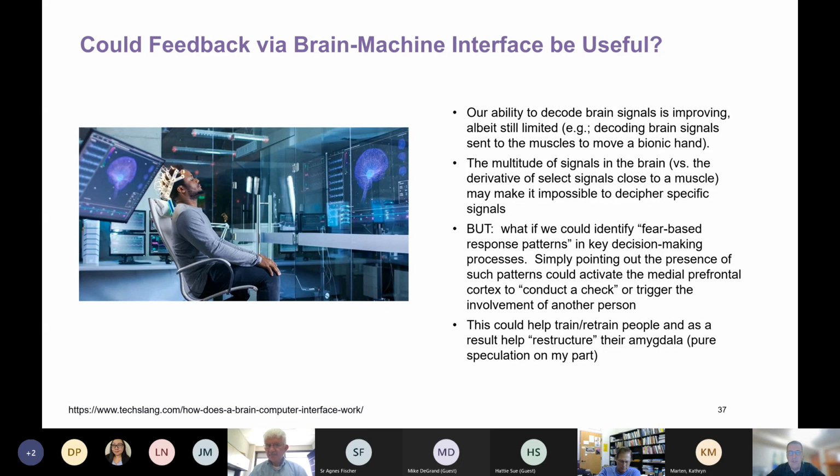This is not real science. The biggest challenge is to isolate those signals, because our amygdala is firing lots and lots of signals all the time. So which of them are pertaining to the decision that I am making? But this could help, almost like biofeedback, train people, help them understand when their biases are influencing their decisions, and then as a result, possibly restructure their neural pathways.